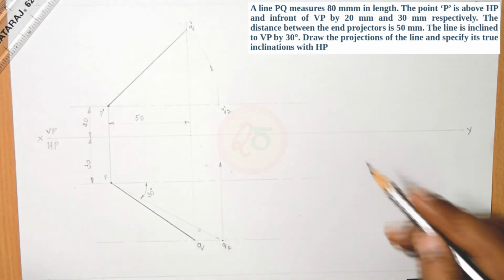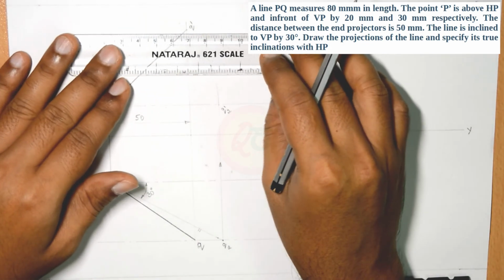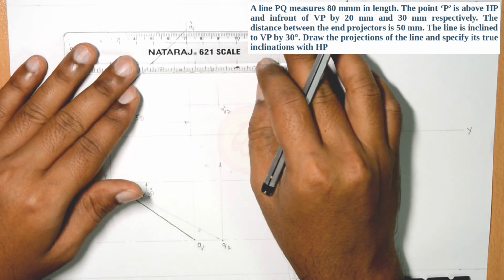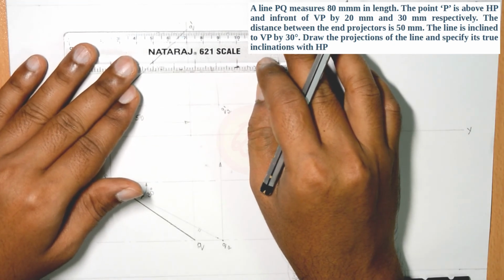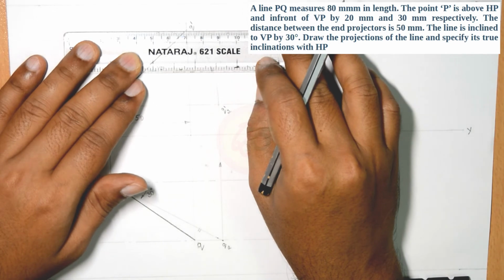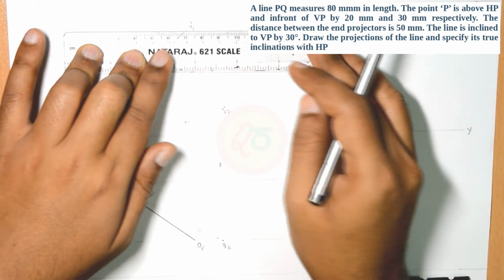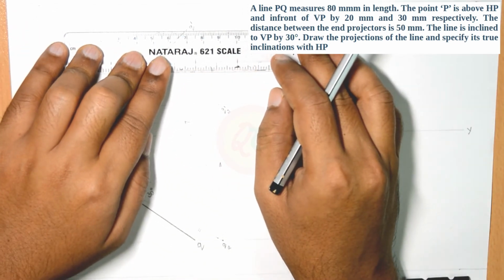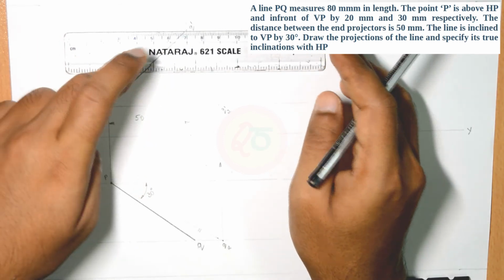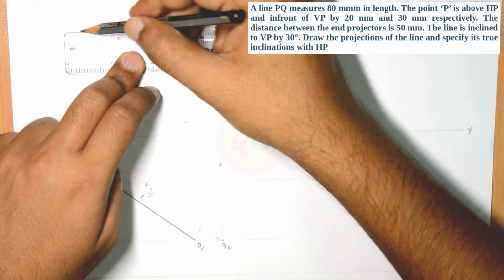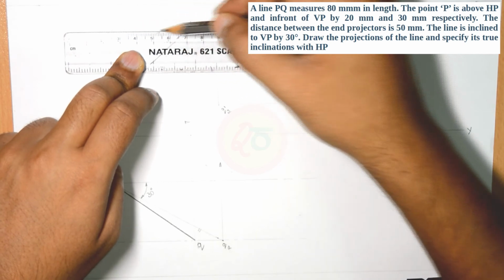In order to obtain that, I need to draw the locus for Q dash. At Q dash, draw a locus parallel to your XY line, sufficiently long.